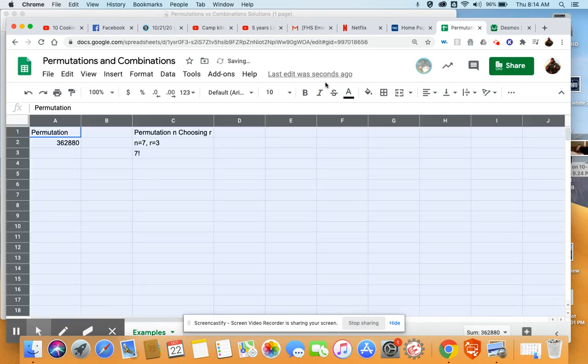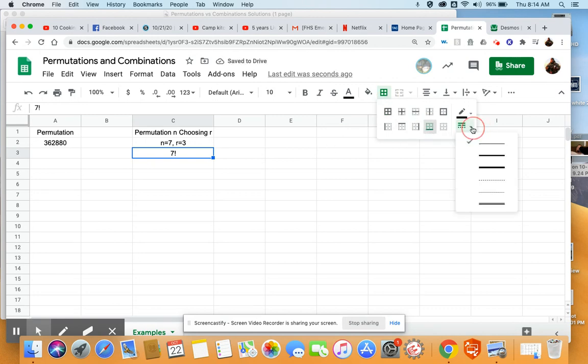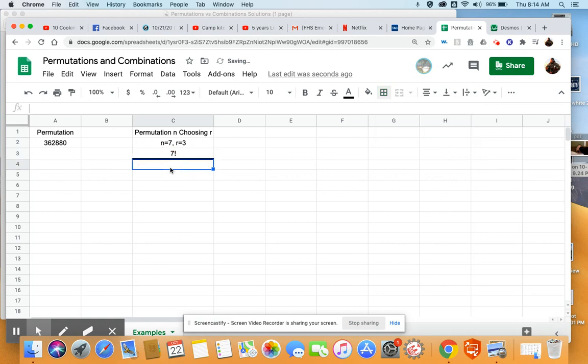Let's really quick center this entire thing so that it lines up well. 7 factorial. We'll just give that an underline so it looks like a fraction. And the denominator is going to be n minus r, or 7 minus 3, so we would have 4 factorial in the denominator.